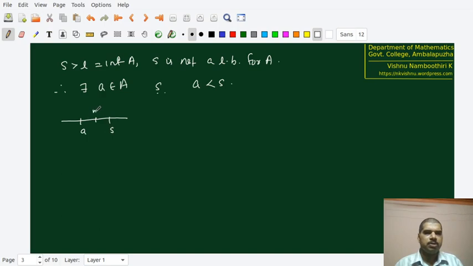This is the midpoint: a is less than (a plus S)/2, which is less than S.